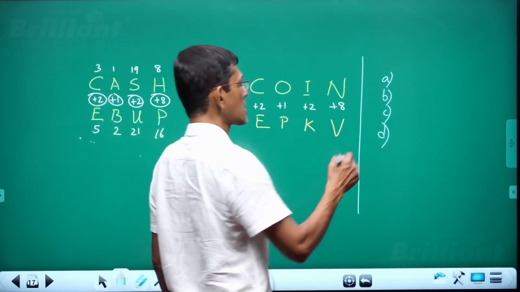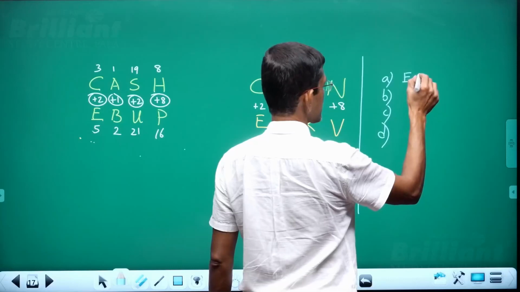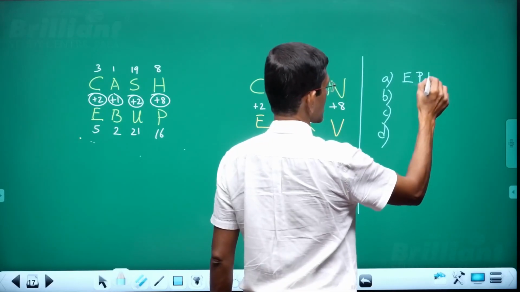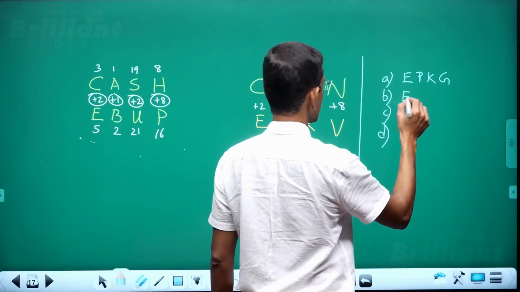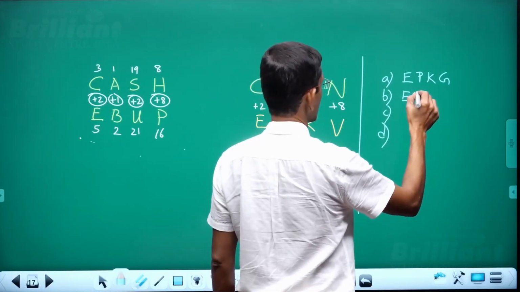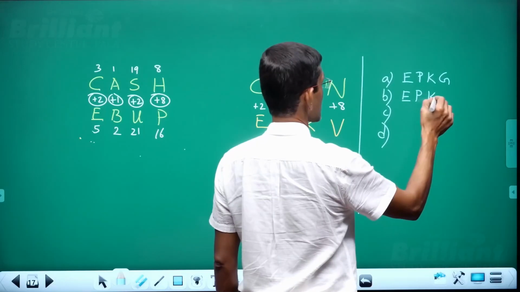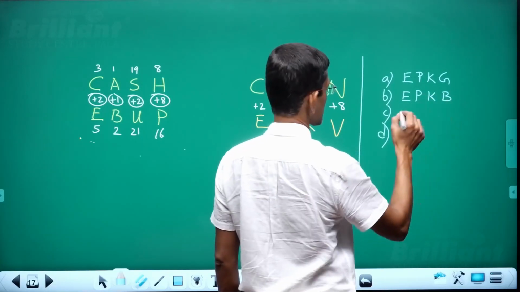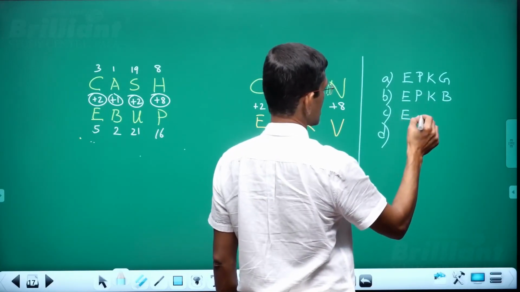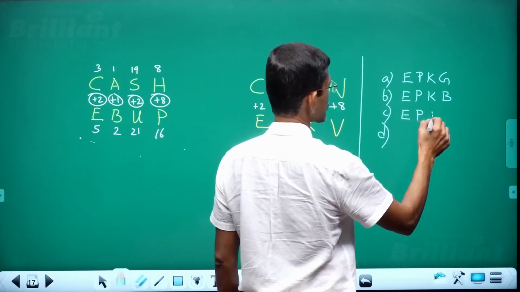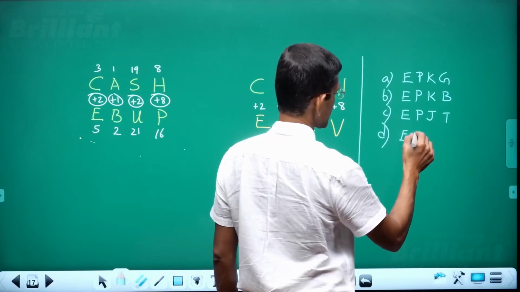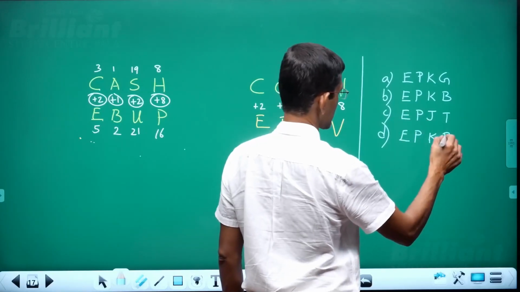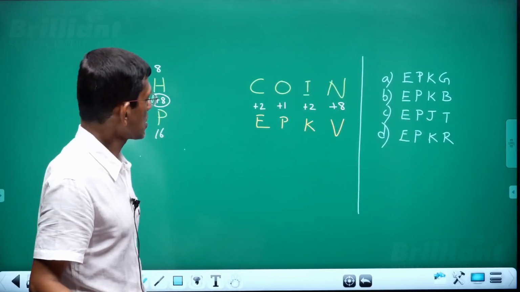Answer choices are given as EPKG, then EPKB, then EPJT, then EPKR. So these are the four answer choices.